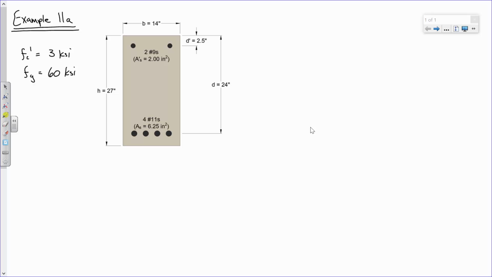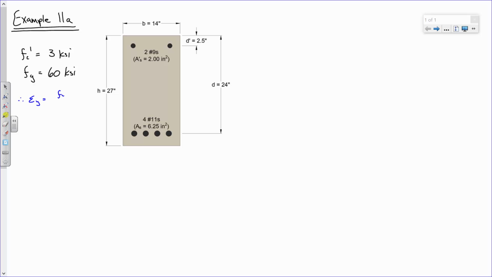Now, what we've got here is 60 KSI steel throughout. Whenever you're doing a doubly reinforced beam, one of the things that you ought to calculate before you even do any analysis on the beam is to go ahead and compute the strain at yielding.